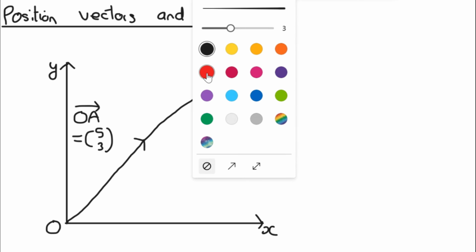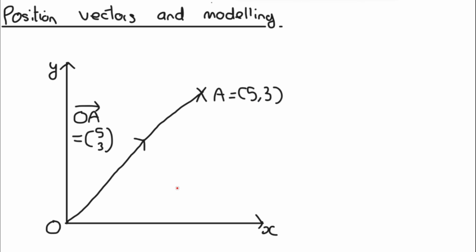Let's do another example. Let's say that B is here, and B is equal to (4, 1). The position vector of B is going to be this, like that, which is going to be OB, which is going to equal (4, 1) again.